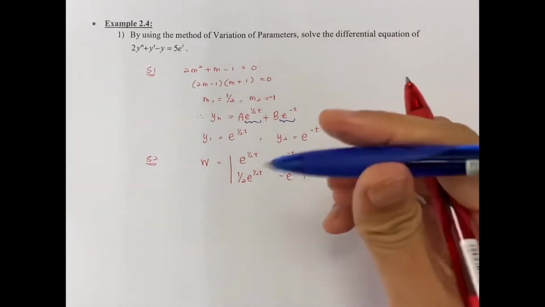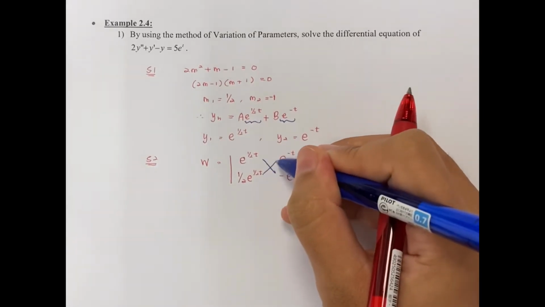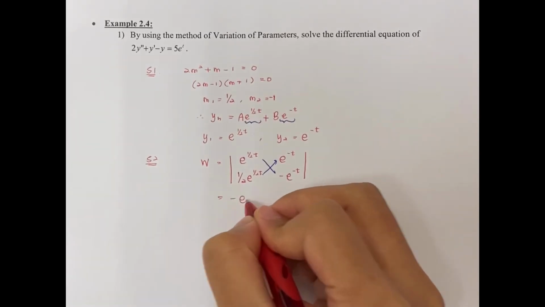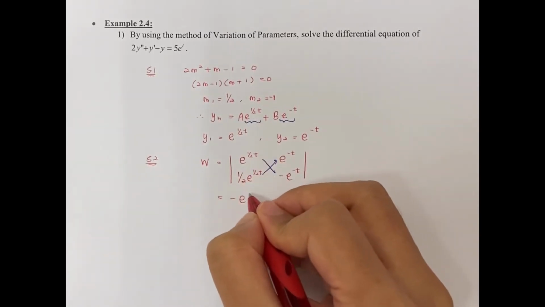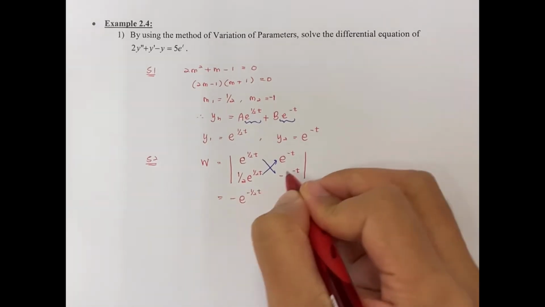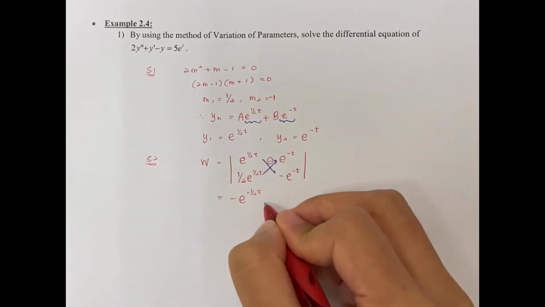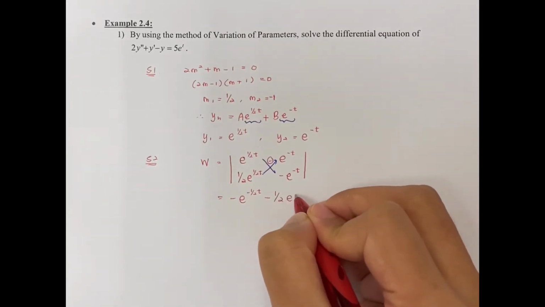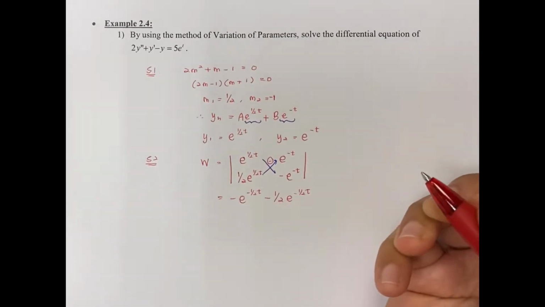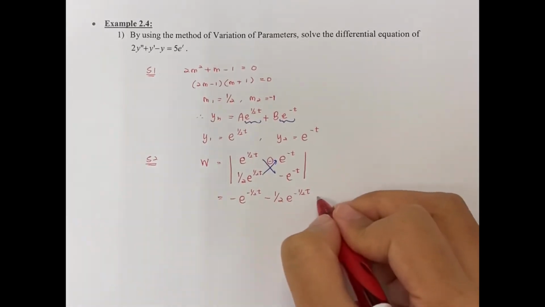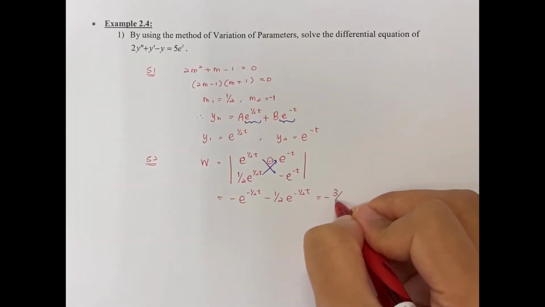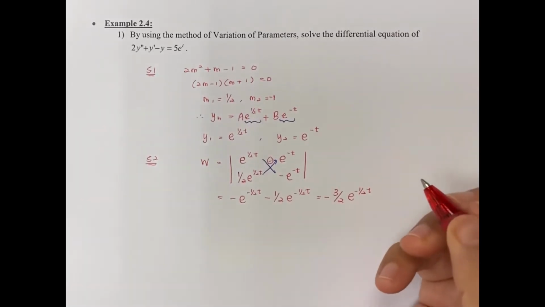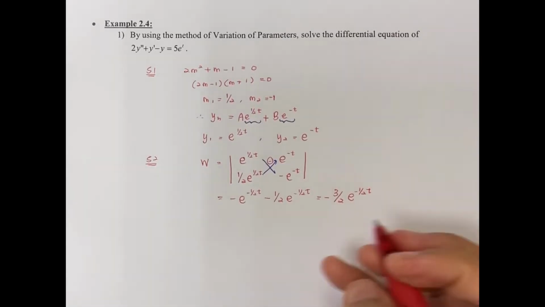Then you cross-multiply: negative e to the negative half t minus half e to the negative half t. This is actually equal to negative 3 over 2 e to the negative half t. Now you have your Wronskian value.